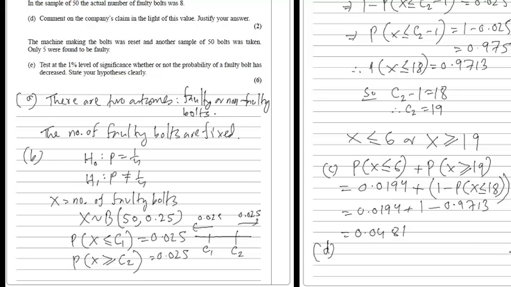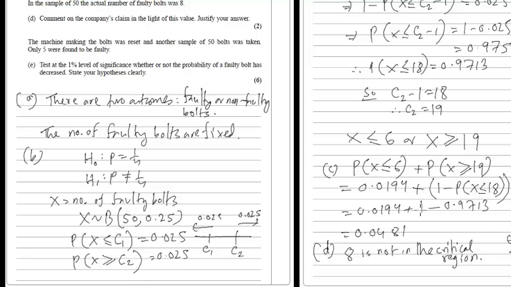The critical region is less than or equal to 6 and greater than or equal to 19; 8 is somewhere around here. So 8 is not in the critical region. If it is not in the critical region, it is not significant.